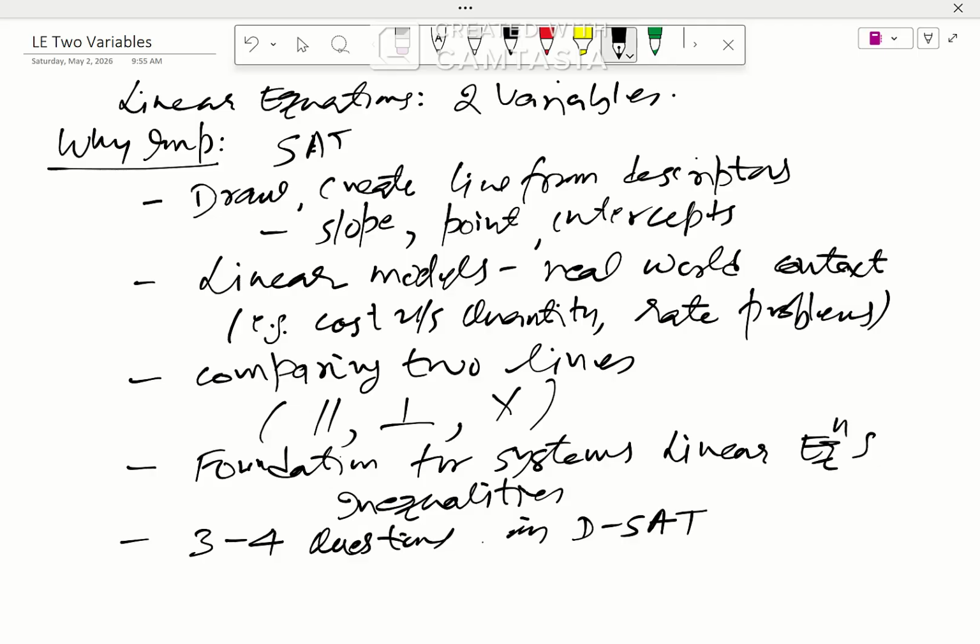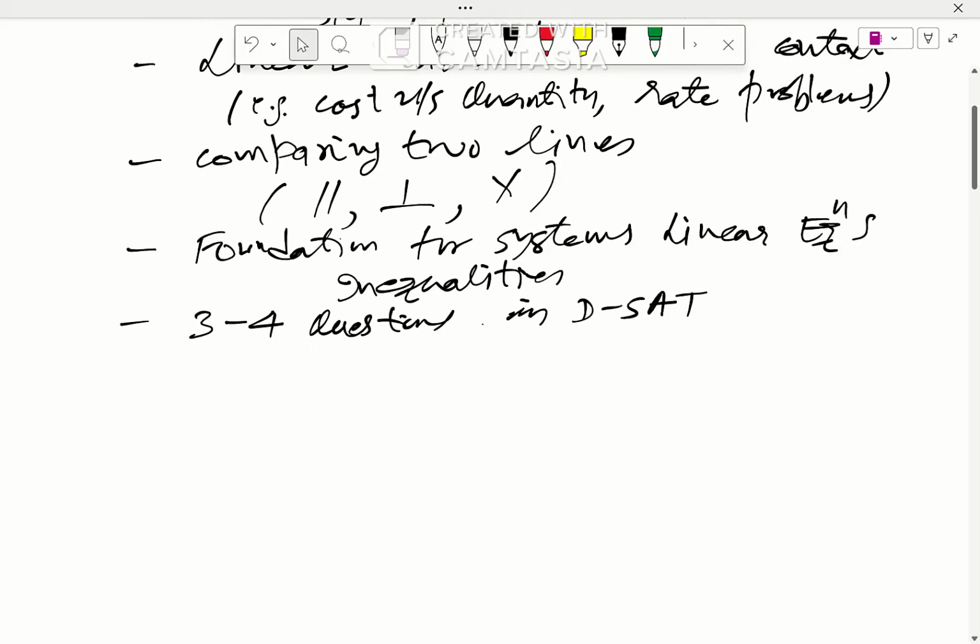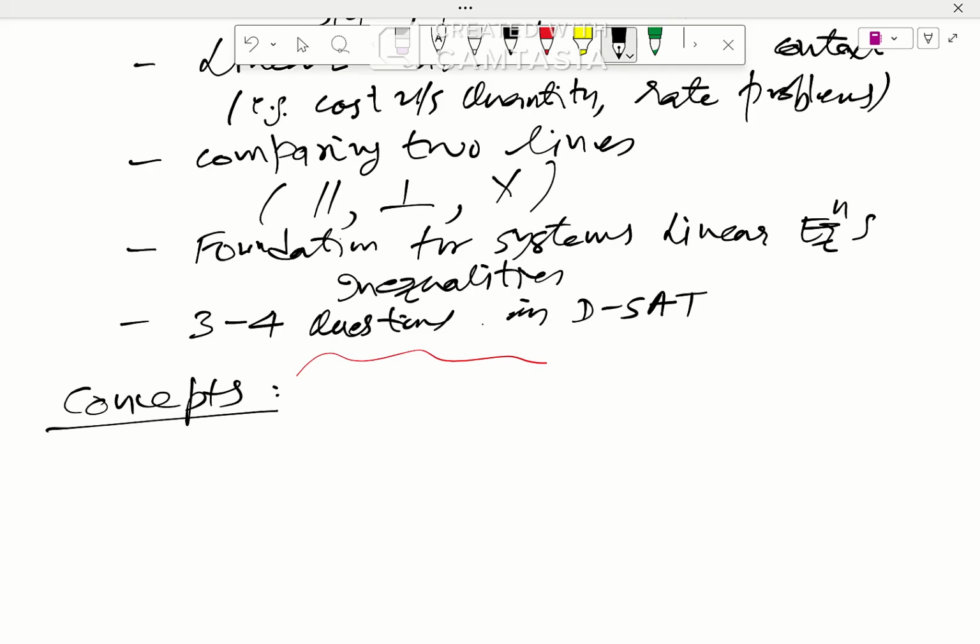Now let us move on and look at the basic concepts of linear equations with two variables. The standard form of a linear equation in two variables is ax plus by is equal to c.